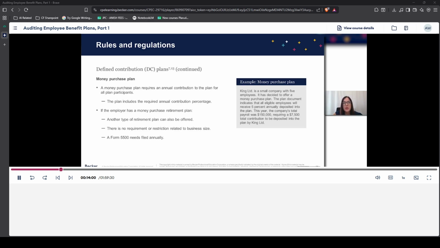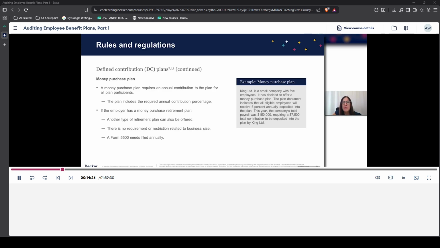But with the money purchase plan, they do have an annual required contribution to the plan. If the employer does have a money purchase retirement plan, they can still offer other types of plans as well. And there's no requirement or restriction related to business size, but the money purchase pension plan does also have to file a 5500 annually.